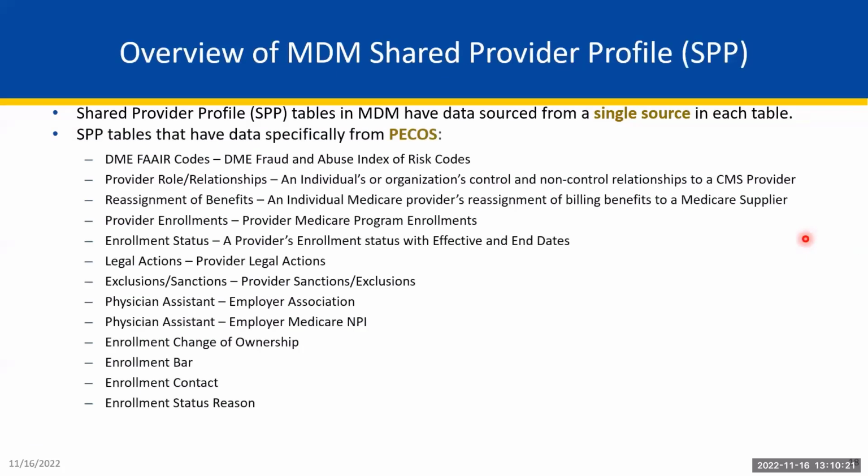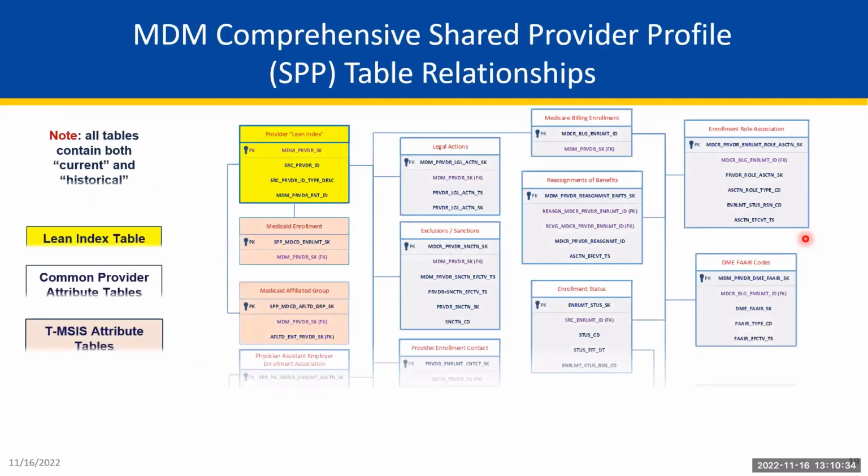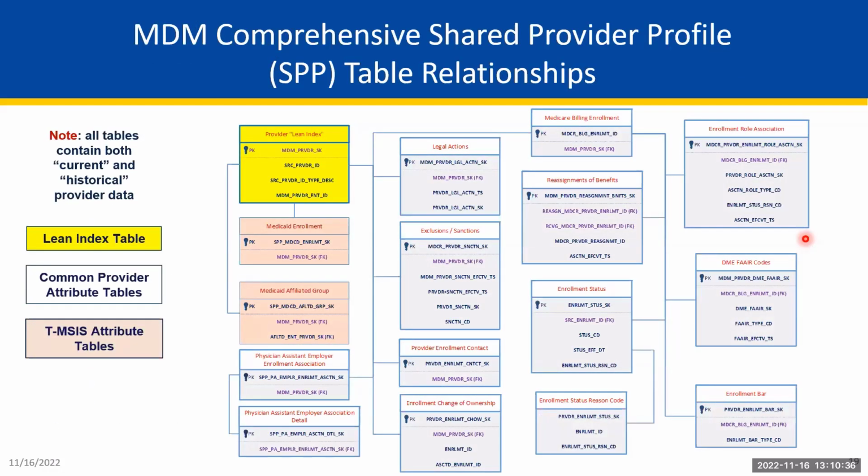Now coming to the shared provider profile. The shared provider profile tables have the supplemental key attributes, and each table represents data coming from a single source. The picture you see here, similar to the PMI tables, represents the view of the SPP tables and how they are linked to our lane index table using MDM provider SK.